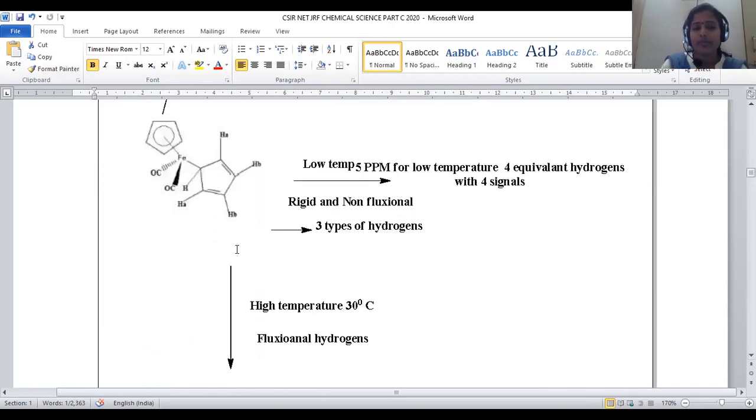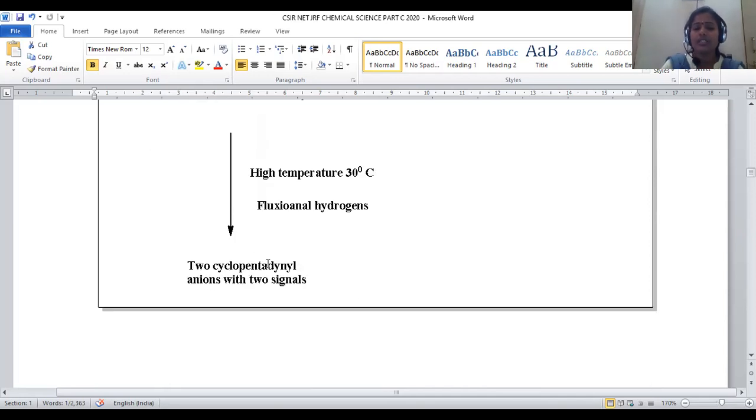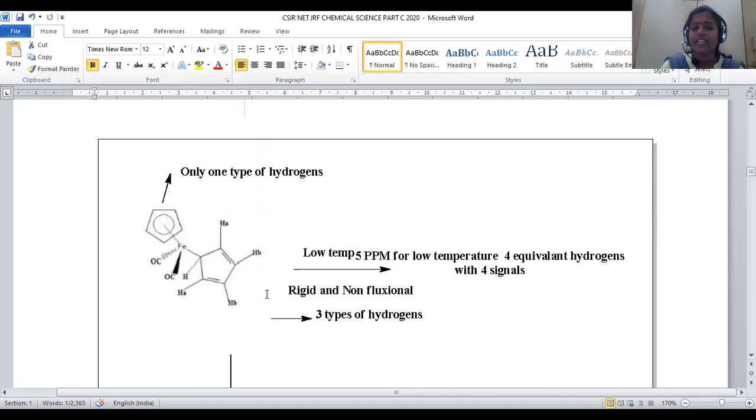Upon applying 30 degrees centigrade, all the protons are interconvertible, interchangeable. Because of that reason, all the protons are in the nature of shifting, delocalization, and all are said to be identical hydrogens. In this cyclopentadienyl anion, all hydrogens are of one set, and the other cyclopentadienyl anion protons are the second set. In total, how many types of equivalent hydrogens are there in the molecule?